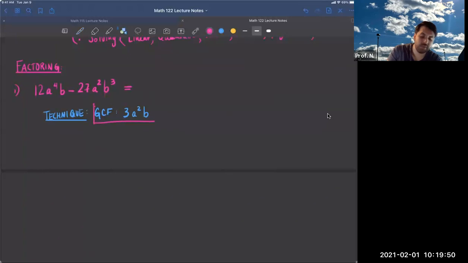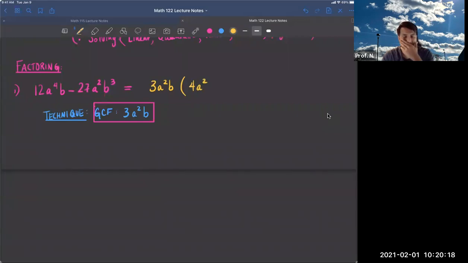And again, guys, this is a review, okay? So these are things that we expect you to know. So the GCF is 3a squared b, and what happens? The 3a squared b is placed on the outside, put parentheses, and what's left in the parentheses? So if I take out a 3a squared and a b from the first term, I get a 4a squared, correct?